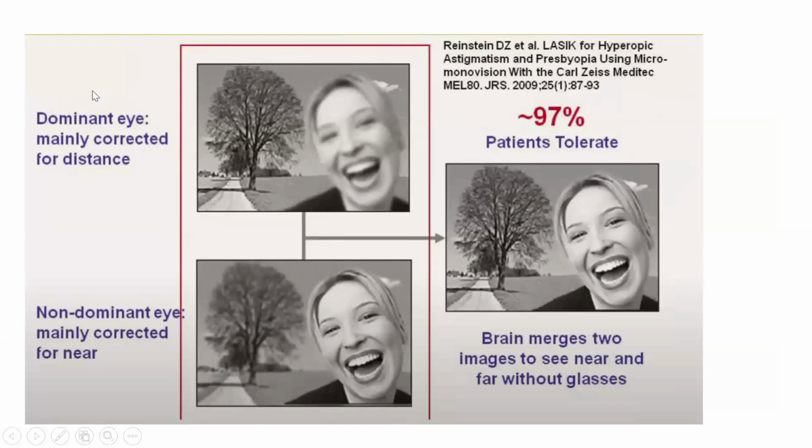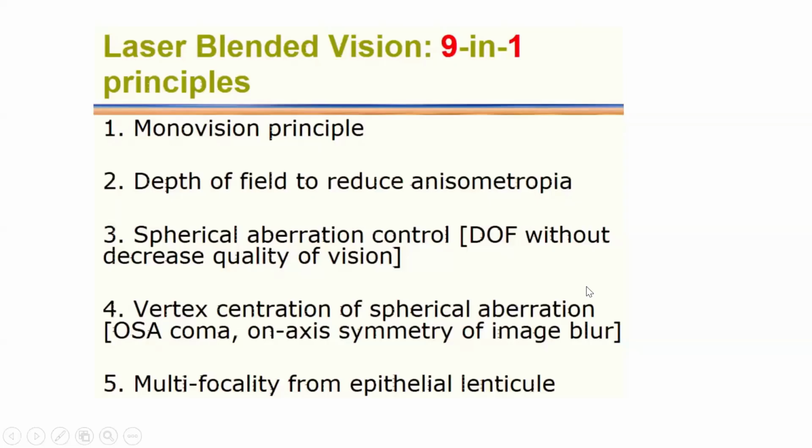In the dominant eye, we can see the tree very clearly at distance, but the face at near is not very clear. In the non-dominant eye, the face is clear, but the tree is not clear. When the brain summates the two, we are able to see the tree clearly and the face clearly. It is known as the 9-in-1 principle. The first principle is monovision.